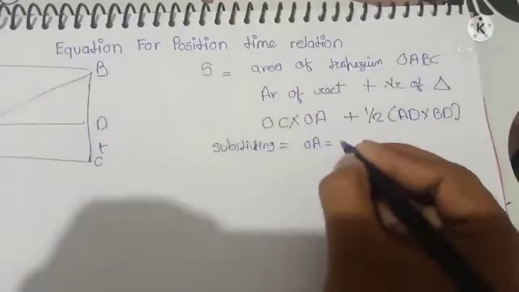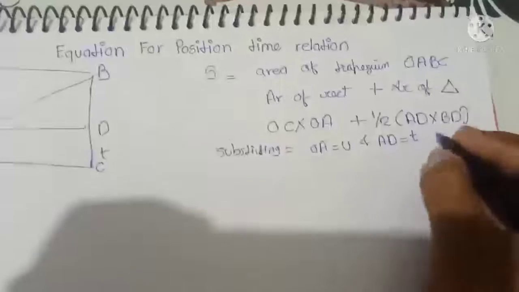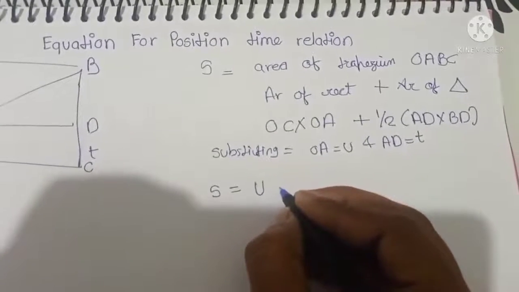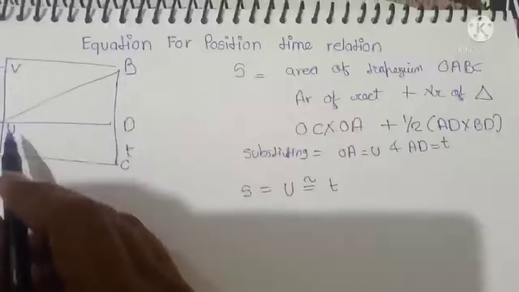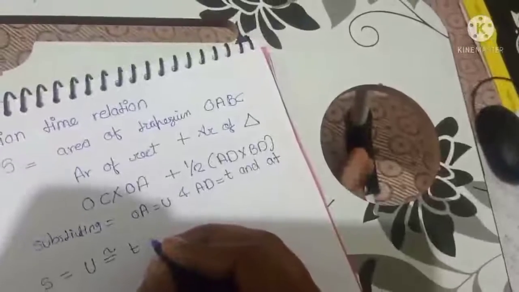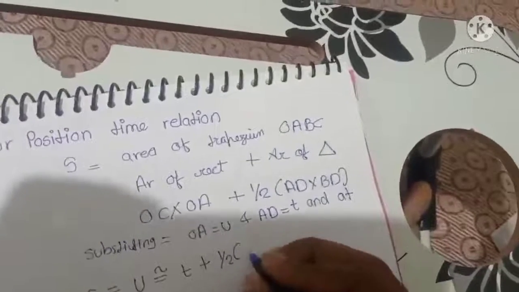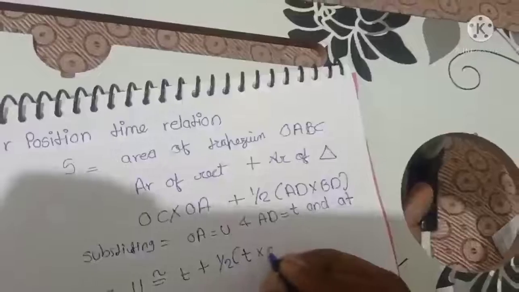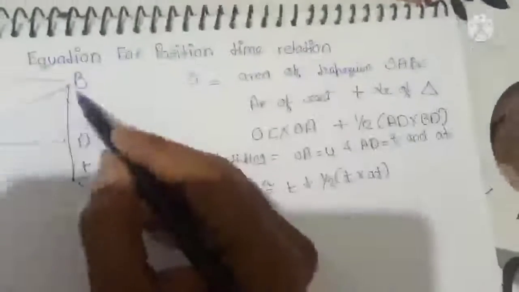Substituting OA equal to U and AD equal to T, our S is going to be U into T plus half T into AT, because BD equals acceleration into time.